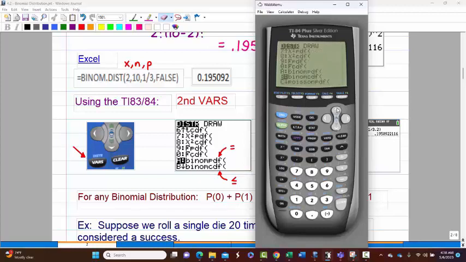Similar to Excel, they have a function here that does it for one value of X, and then they have it for doing less than or equal to that X. Where Excel separates it by true or false, here there's no true or false in the calculator. It's just whether you pick binomPDF or binomCDF. CDF would be the same thing as if I had used true in Excel. In fact, I'm going to show you something in a second.